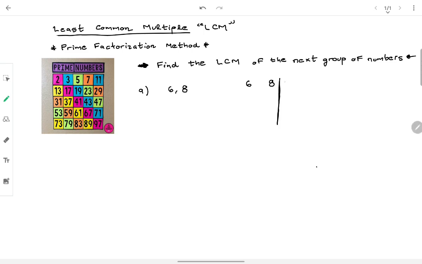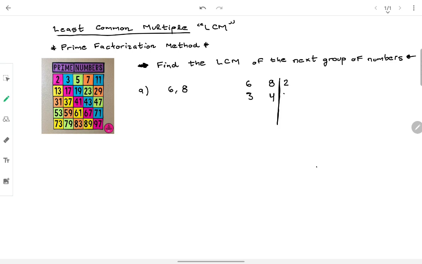First we can use division by number 2. We can use the divisibility criteria that we saw in the last classes. Number 6 can be divided by 2 and we get 3. 8 can be divided by 2 and we get 4.